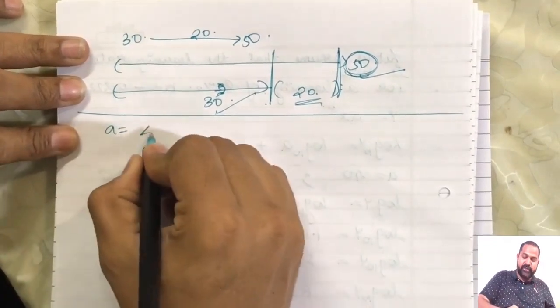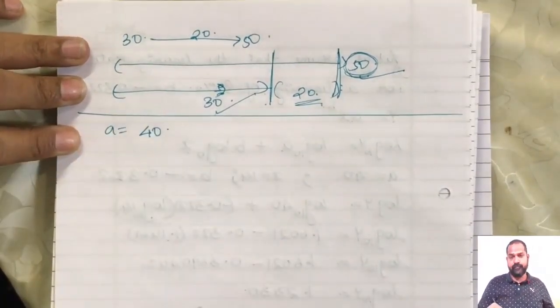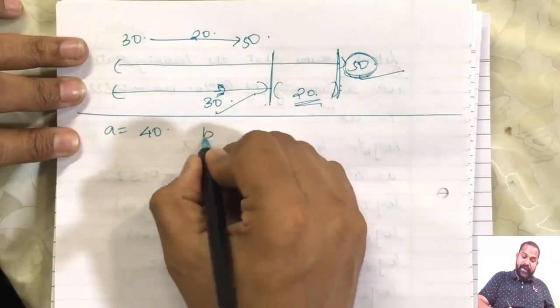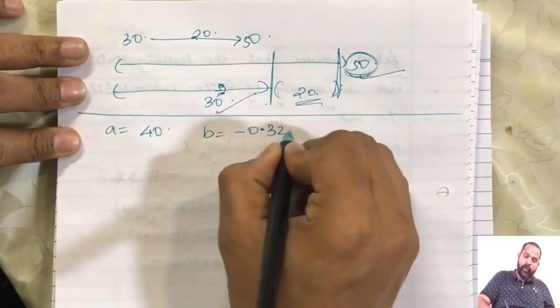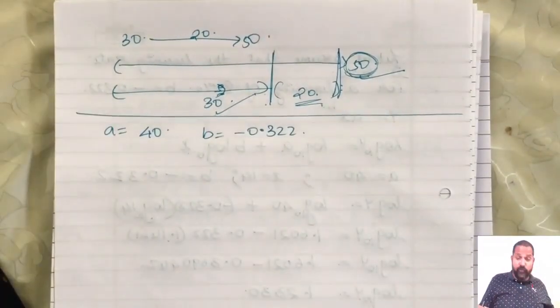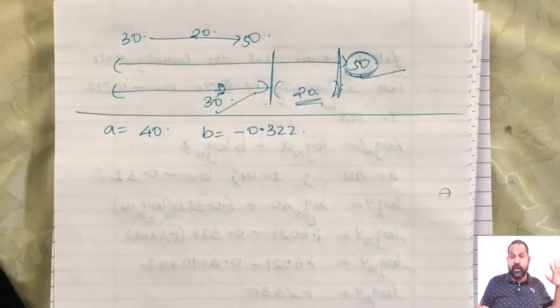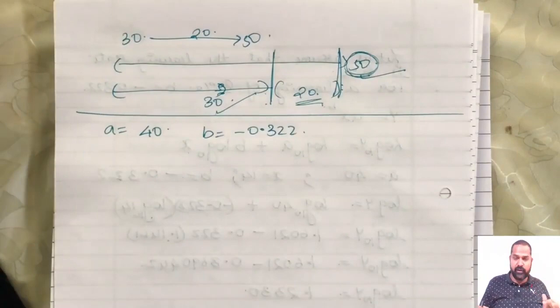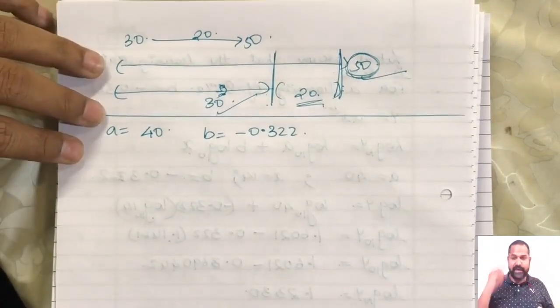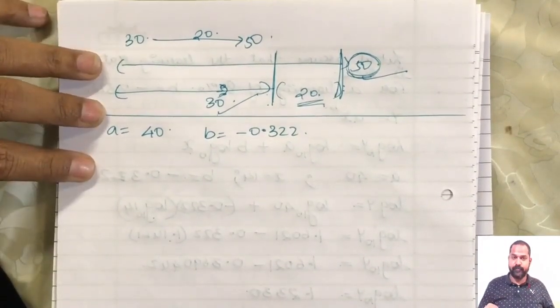A for this question is 40. The learning rate is minus 0.322, and now I can use it because I proved to you some time ago that the manager's assumption is correct. So I can use this rate for all the questions because there is an 80% learning rate.